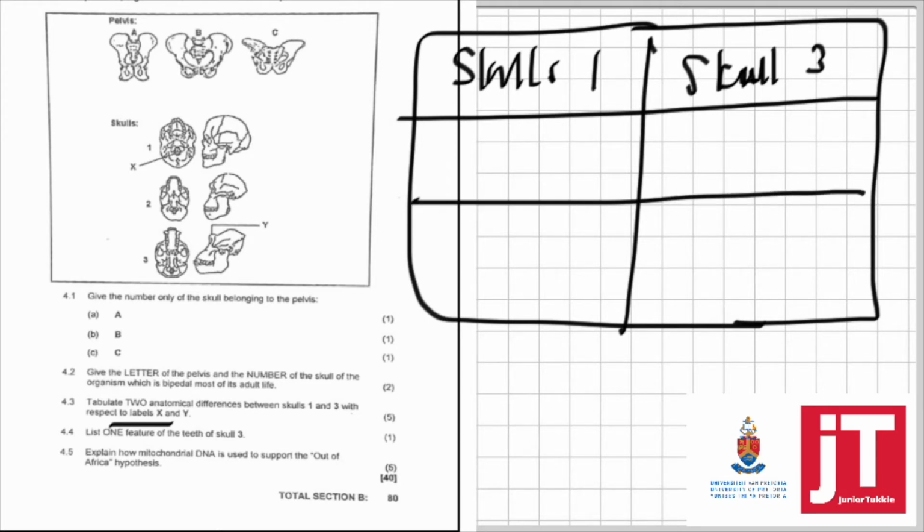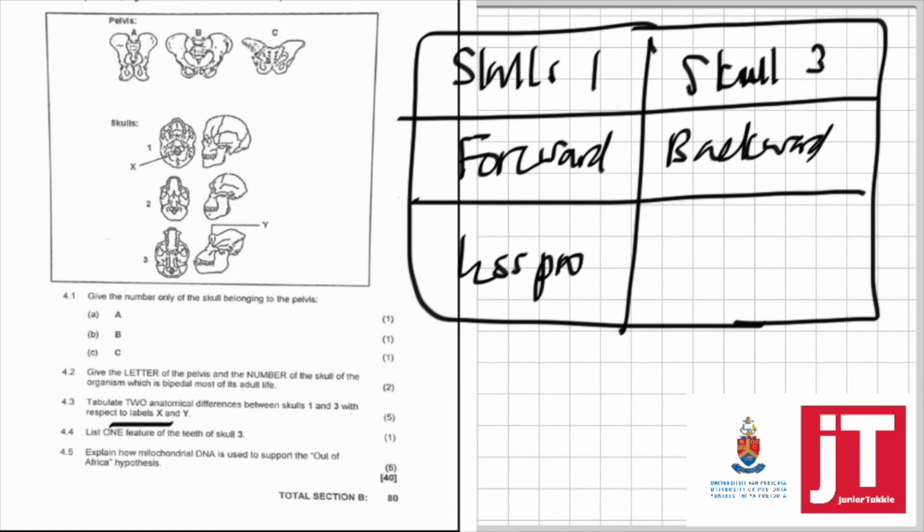So for skull 1, X is the foramen magnum, so that can be in a forward position, whereas in skull 3 it will be in a more backward position. And then, of course, Y is the brow ridge, and for skull 1 it will be less pronounced, and in skull 3 will be more pronounced.